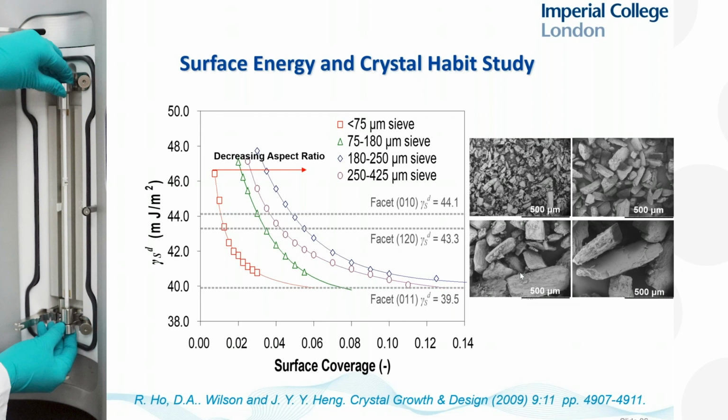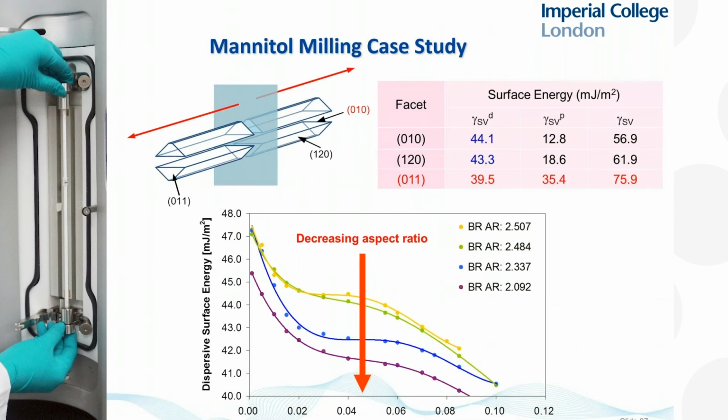And the IGC data is able to see differences in the populations of facets which we see from sieving the powders. In other words, particles that are more rod-like will have a different surface property than particles that are less rod-like, because the population of surface facets has changed in the milling or comminution process. And similar data here for some other materials.